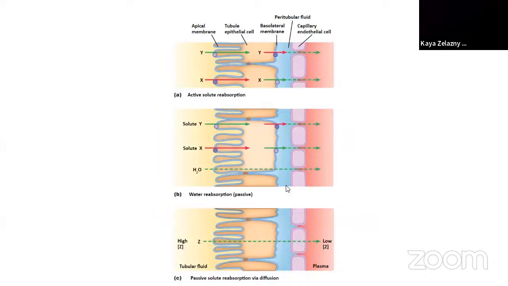So this is just an image looking at these things. I don't really know why your book insists on renaming our solutes X, Y, and Z, but I guess the idea is that this is generalizable as well, although really what we're talking about is the sodium, the chloride, and the water.